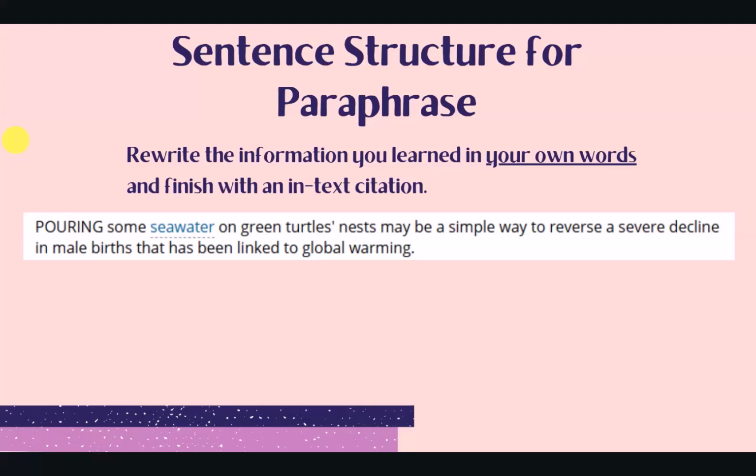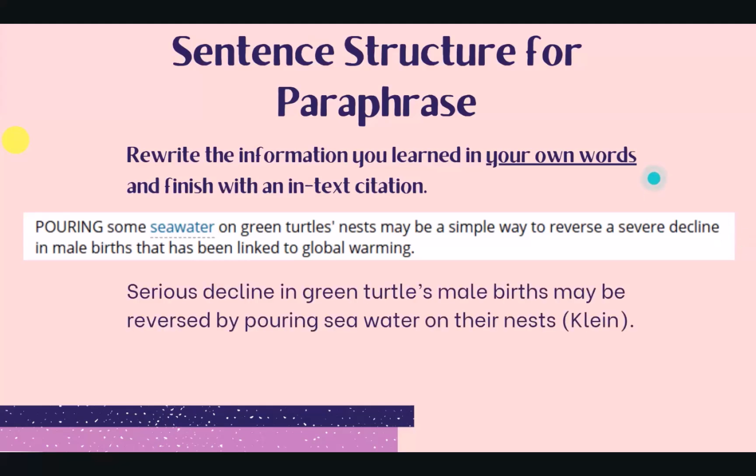It has the information that I need. This is what I am going to use, but I want to paraphrase it. I want to put it in my own words. So here's my sentence. It says, "Serious decline in green turtles' male births may be reversed by pouring seawater on their nest." And there is my citation.